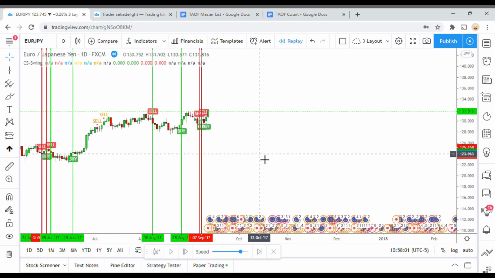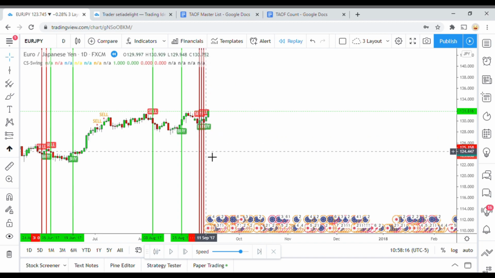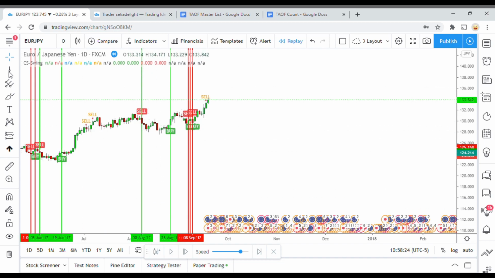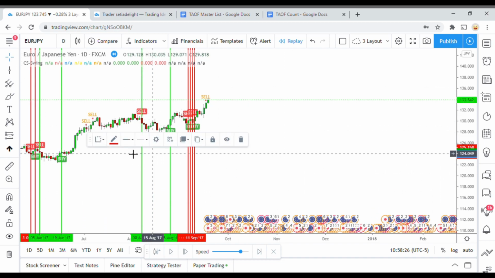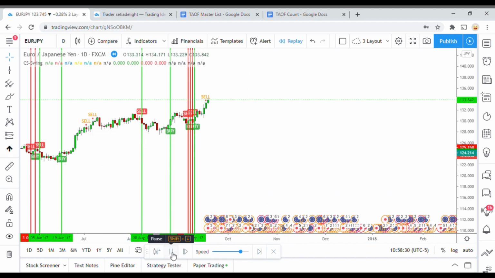But then let's say that now we have to test it and we have to get 100 signals out of it, and let's say, conservatively speaking, it only gave us 20 signals in a year. Obviously, it's going to take us a long time for us to forward test that indicator, and it is just not realistic to do that in this kind of an environment.